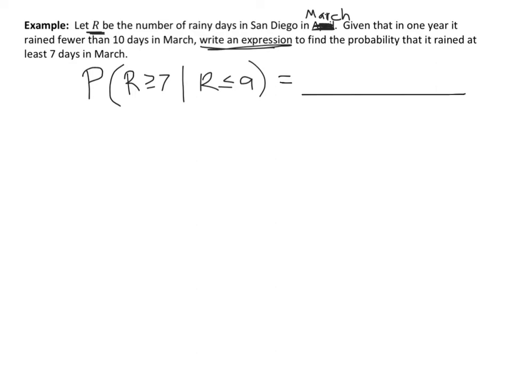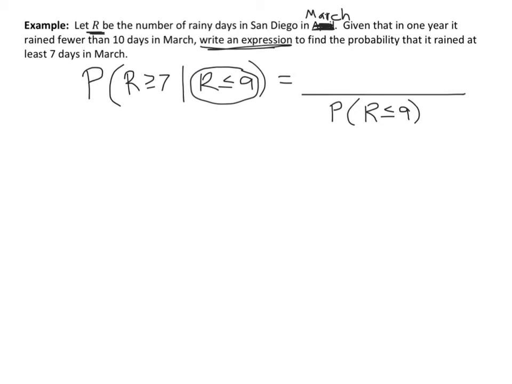I restrict my sample space to the condition. On the bottom, I want the probability that R is less than or equal to 9. Okay? Now, what about on the top? On the top, I need it to be both greater than or equal to 7 and less than or equal to 9.